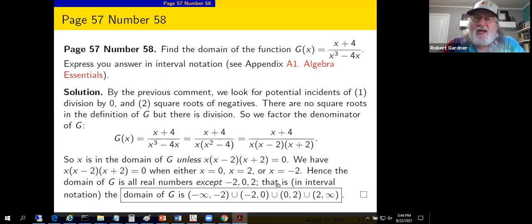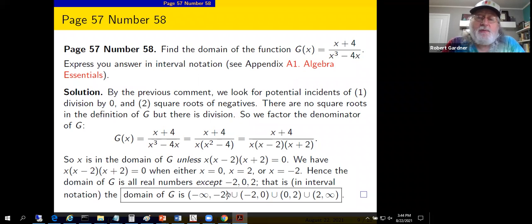So in interval notation, we'll have the whole real line. Interval notation is discussed in the appendices as well. The whole real line from -infinity to infinity, but we'll remove -2 and 0 and 2. So we take that interval from -infinity to infinity and remove -2 and remove 0 and 2. Pop out those three numbers.